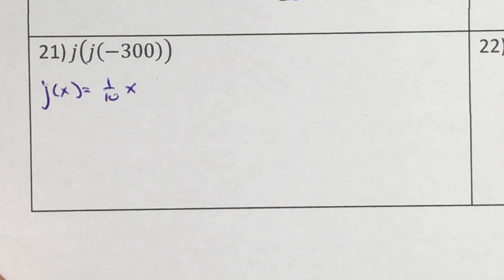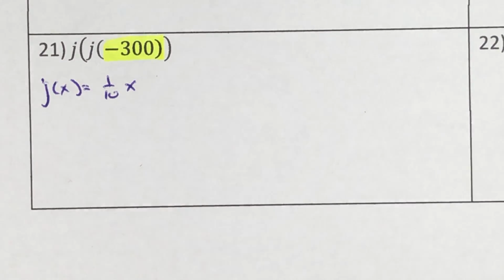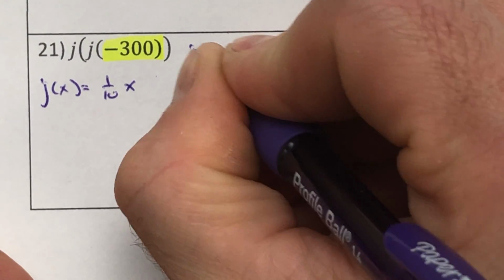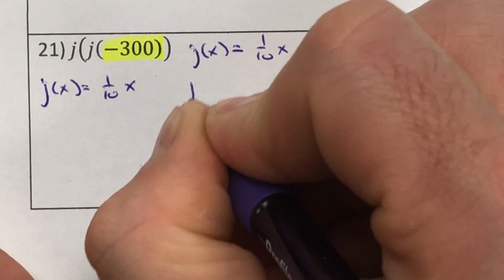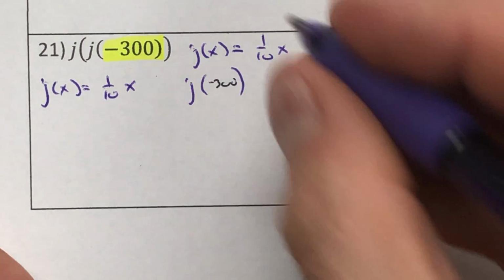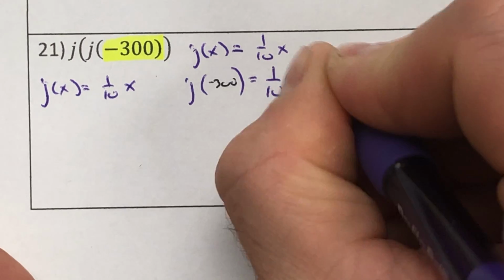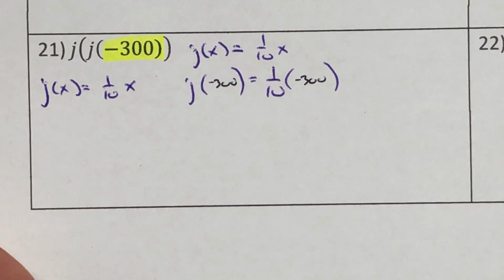So if I have my j of x is 1/10 x, I'm going to have to work my way inside out. I know I'm going to have to plug in that negative 300 into my j. So let's start out with j. So I have j of x is equivalent to 1/10 x. And I'm plugging in j of negative 300 just one time. 1/10 of negative 300.